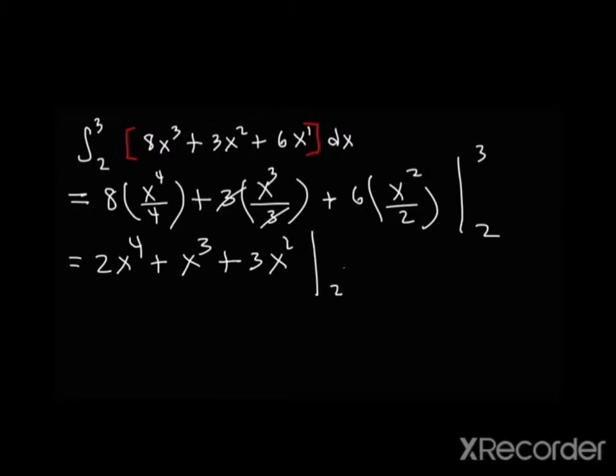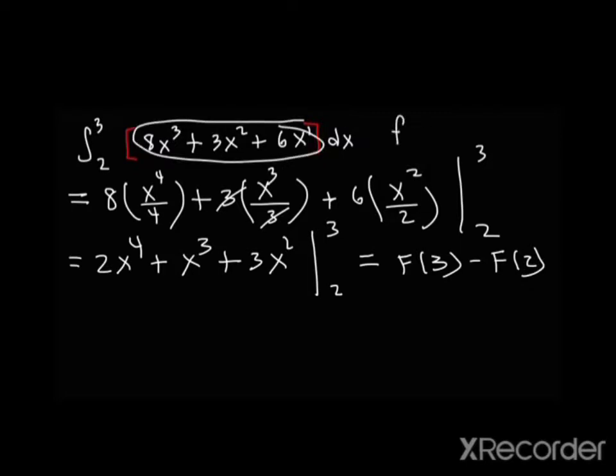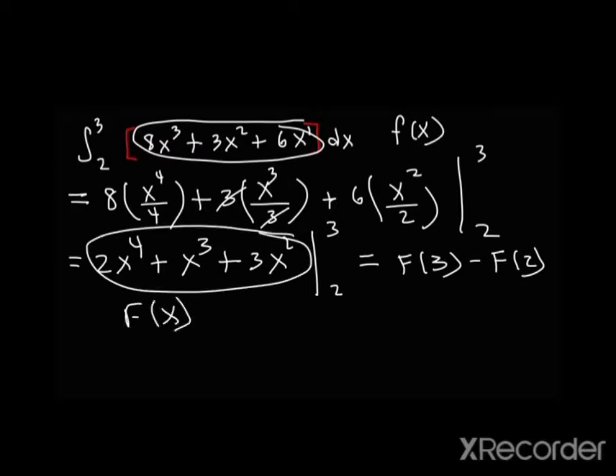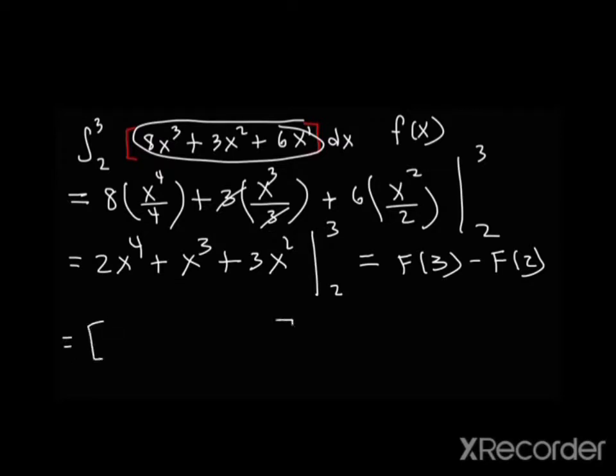So now this is going to equal F of 3 minus F of 2. And keep in mind, this expression here represents lowercase f of x, and this expression is the antiderivative, which represents capital F of x. So we're going to plug in 3 and 2 into capital F of x. So in these brackets, we're going to put F of 3, and here this is going to be F of 2. So let's plug in 3 into this expression.